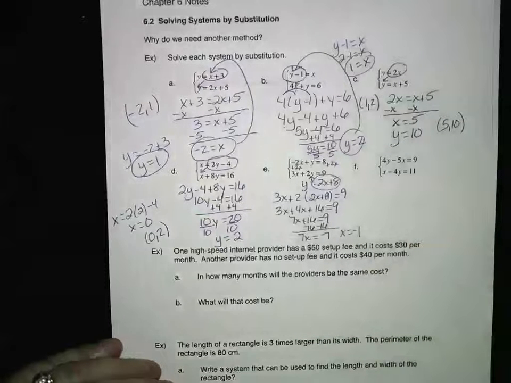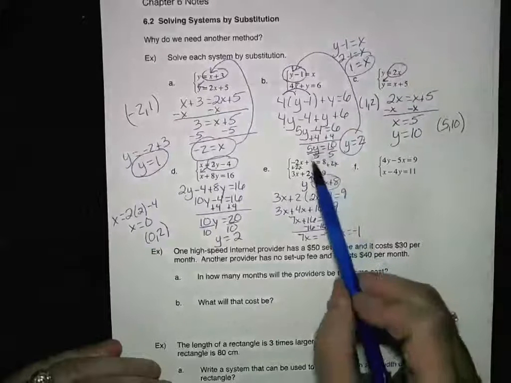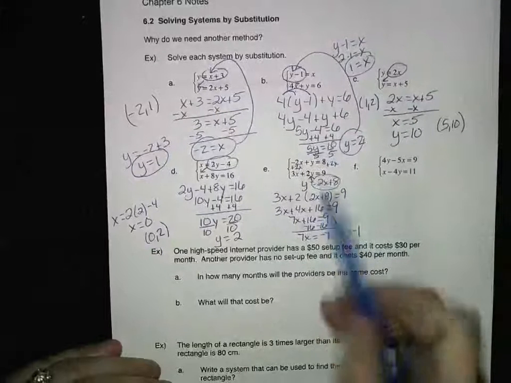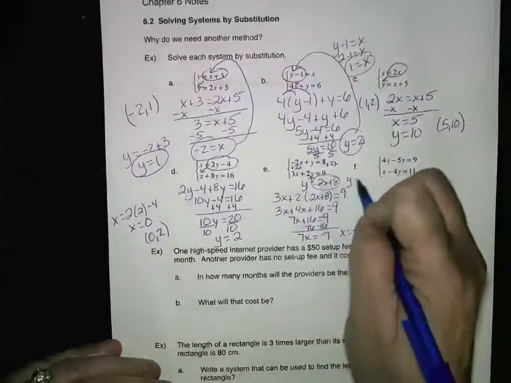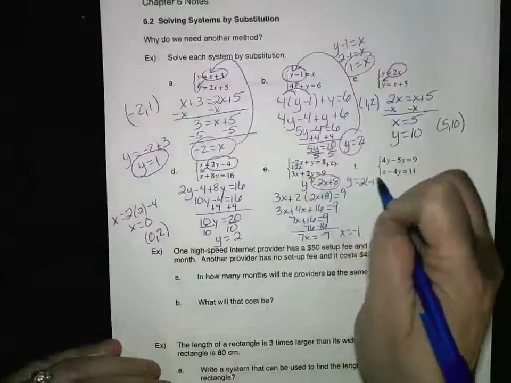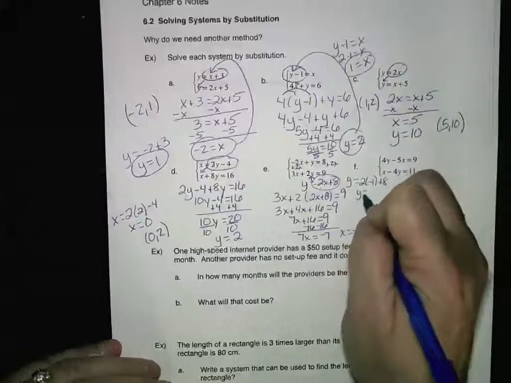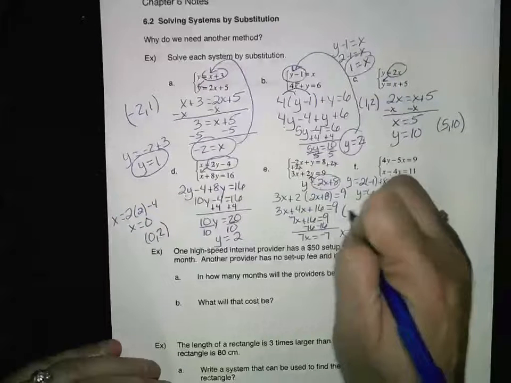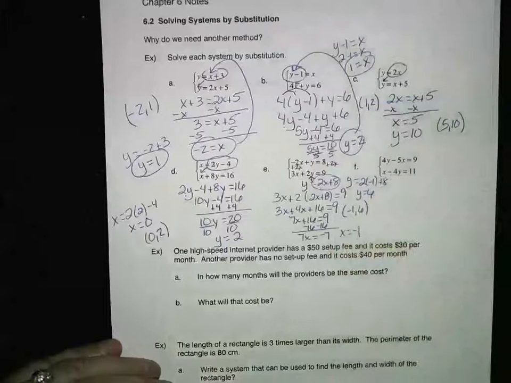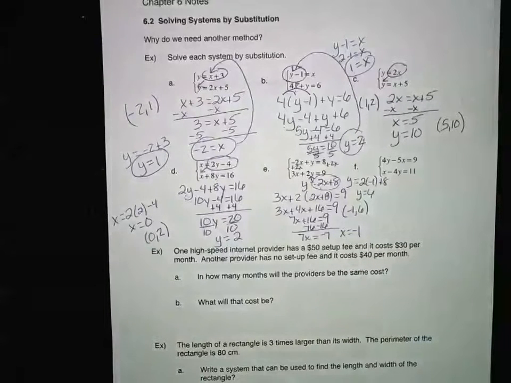So x equals negative 1. And you can put that into any of these equations. This one is going to be the easiest. 2 times negative 1 is negative 2, plus 8 is 6. So our ordered pair would be negative 1, 6.